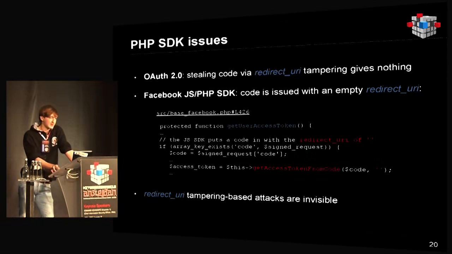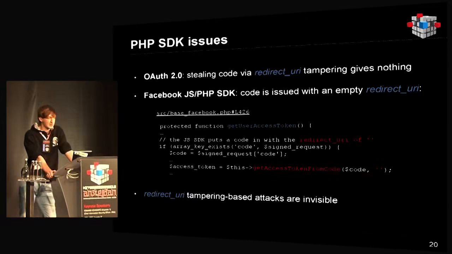Because if you tamper the redirect URI and submit the code to the third-party application, it will not accept your code, because in the backend flow it will ask Facebook, give me the access token, and the redirect URI was this redirect URI. And Facebook says, no, it was issued for another redirect URI. So you will not be able to bypass the Facebook authentication.